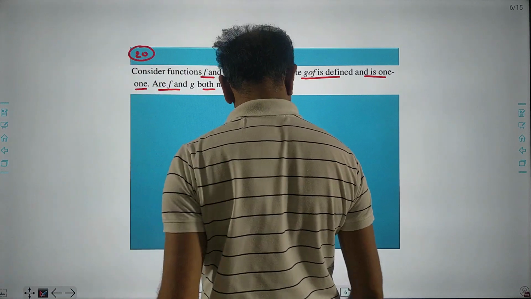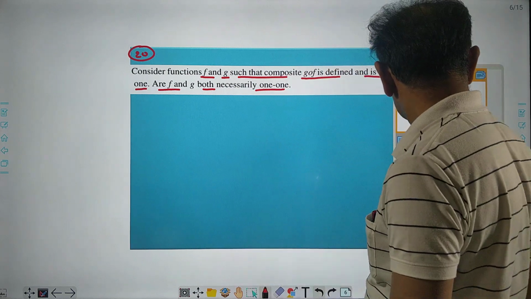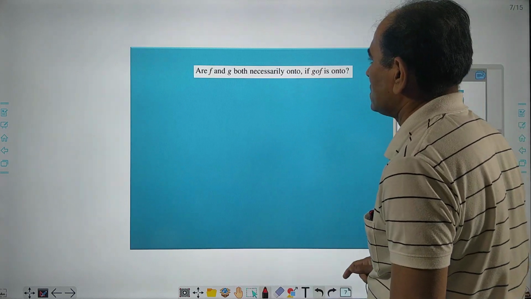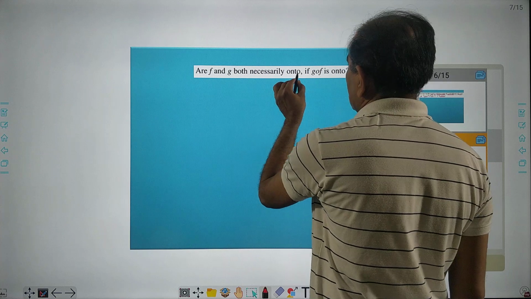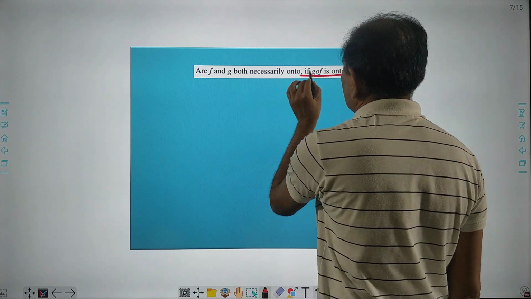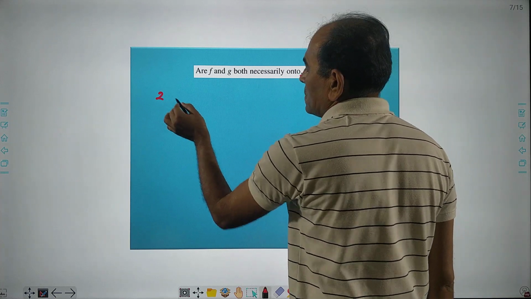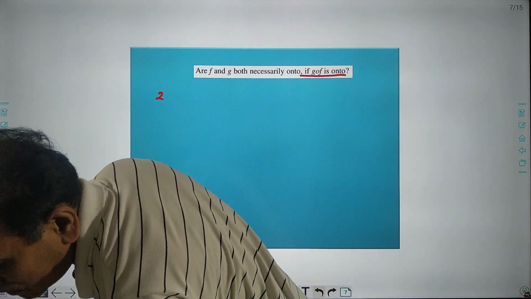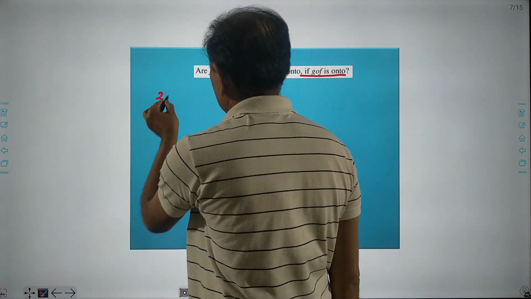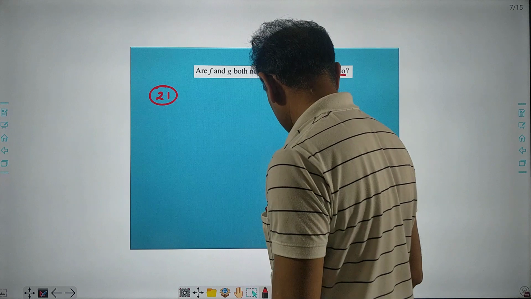So let us leave it for homework. Next, are f and g both necessarily onto if g o f is onto? It is illustration number 21. So let us leave it for your homework.